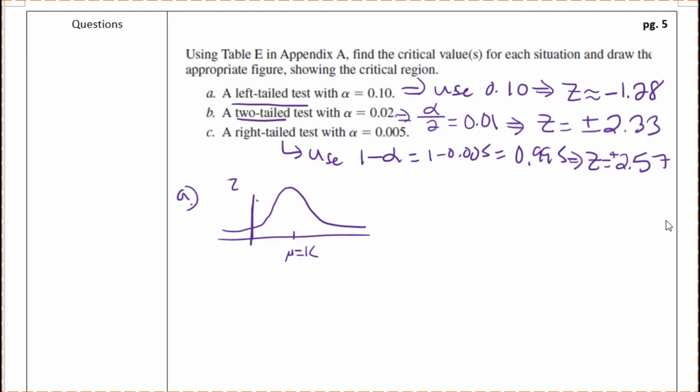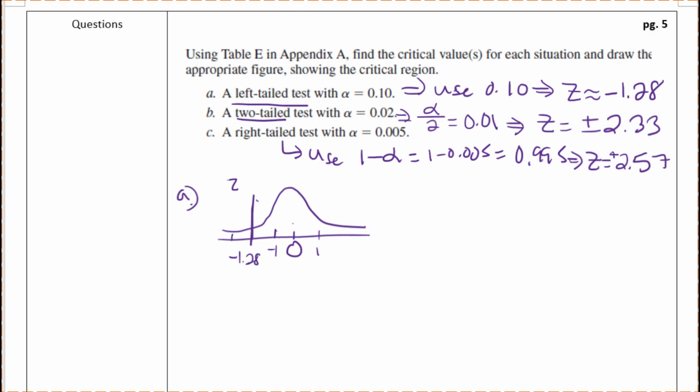Usually in the standard bell curve, the mu is 0. So we should be using 0 here. So let me just change this to 0. If you're doing a standard bell curve with z-scores, you should be using 0. And then the standard deviation is going by 1s on each side. So negative 1.28 is somewhere around here.